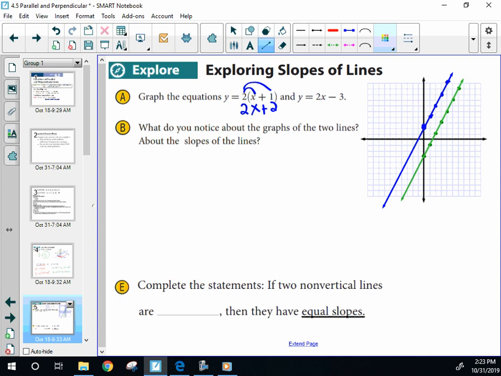You'll see I've graphed them as well up there. The blue line is our first equation, and the green line is my second equation, y equals 2x minus 3. The question is, what do you notice about the graphs of these two lines?